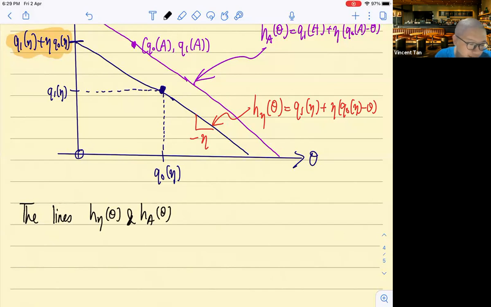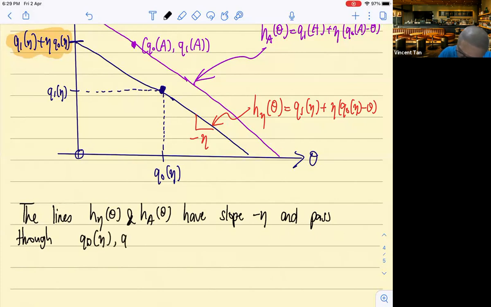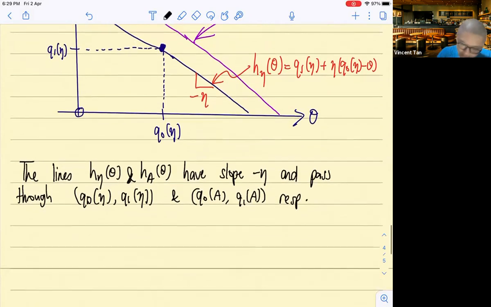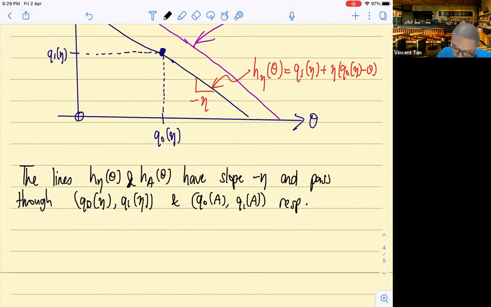That's why it's called A. Have the same slope, have slope minus eta, and they pass through the operating points Q0 eta and Q1 eta, and Q0A, Q1A respectively. Okay. But the y-intercept for the arbitrary test is at least as high as the threshold test.